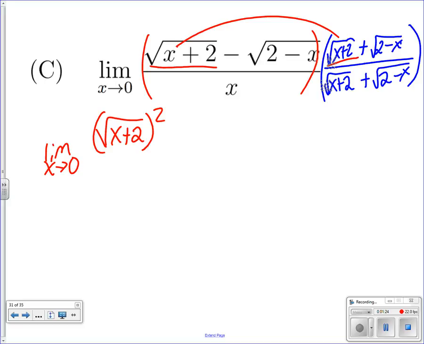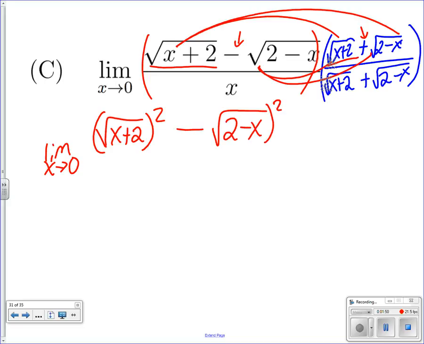When I multiply the outer and the inner, they actually end up canceling because one is a negative and one is a positive. Finally, when we multiply the last two, a negative times a positive is a negative, square root of 2 minus x times the square root of 2 minus x, the same thing as the square root of 2 minus x, quantity squared.